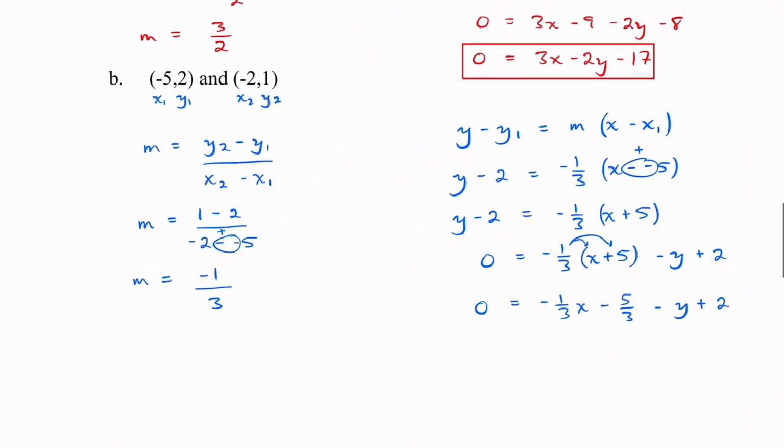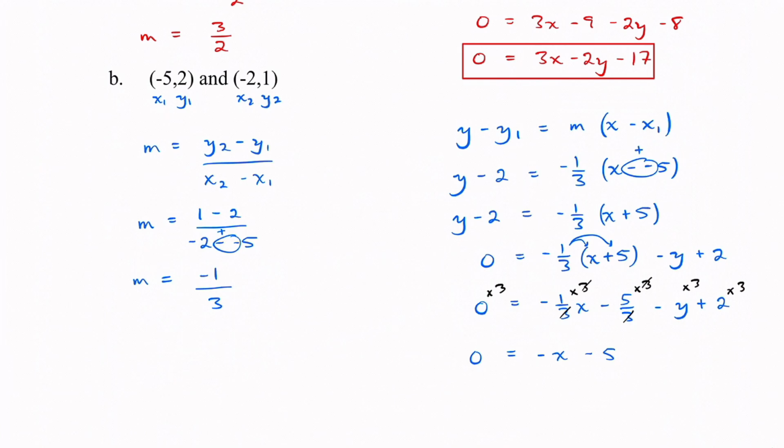Now again, we got a fraction here with our x, so to get rid of the fraction, just multiply everything by that denominator. So we are going to multiply everything by a 3. And don't forget, it's every single term gets multiplied by 3. Even that 0 there is getting multiplied by 3. So this 3 will cancel with this 3, and this 3 will cancel with this 3. And so we just get out 0 equals negative 1x minus 5.